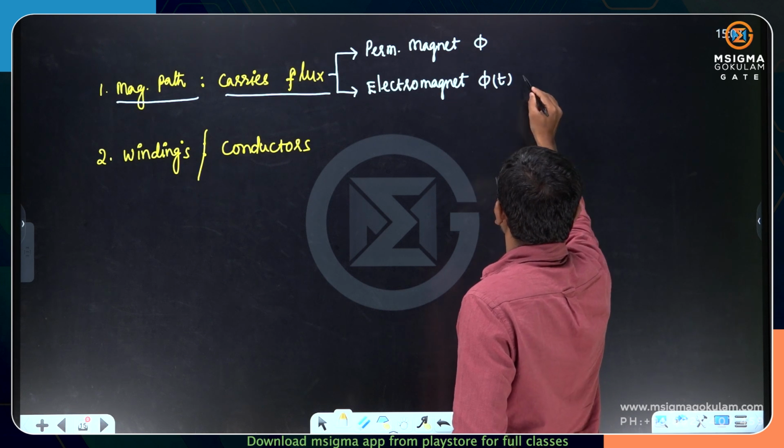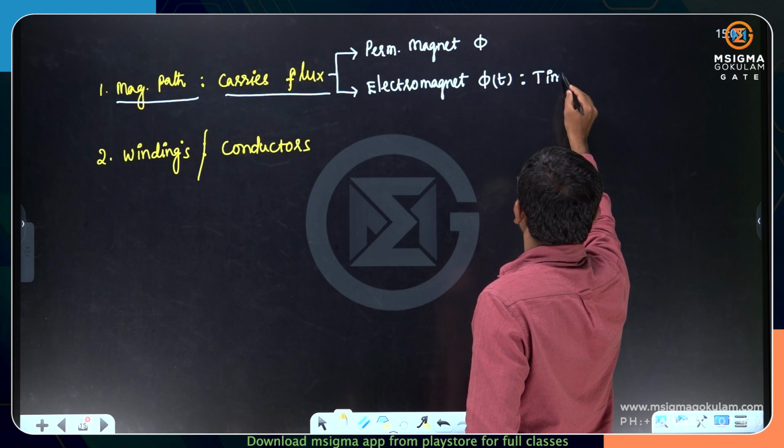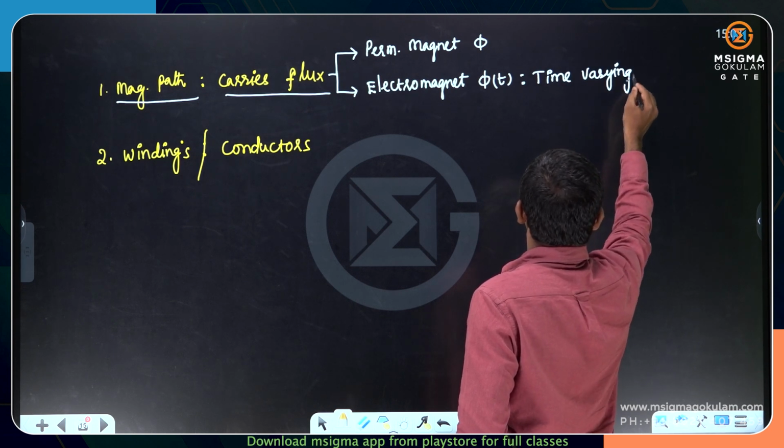This is time varying. And the permanent magnet flux is time invariant.